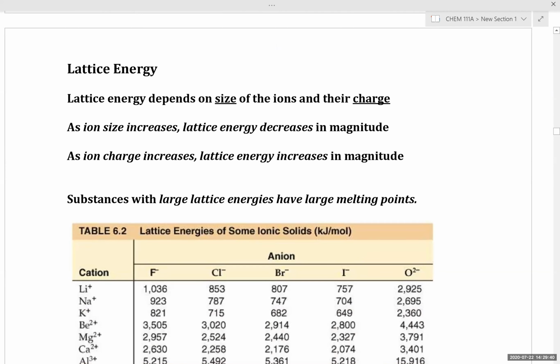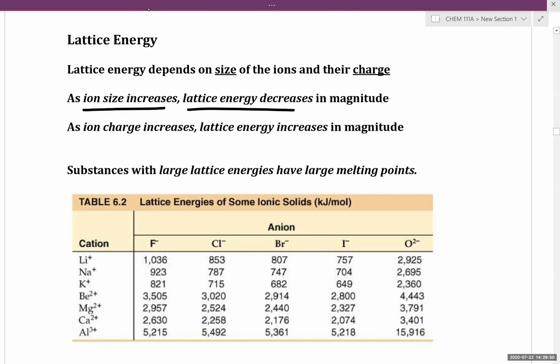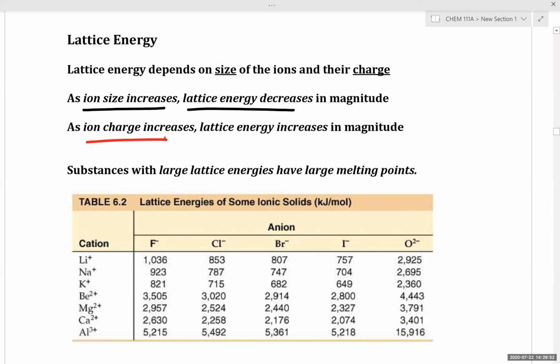Well, if we look at different ionic compounds, just in summary, as the ion size increases, lattice energy drops. As the ion charge increases, lattice energy increases. And the kicker for this is that substances with large lattice energies have large melting points.